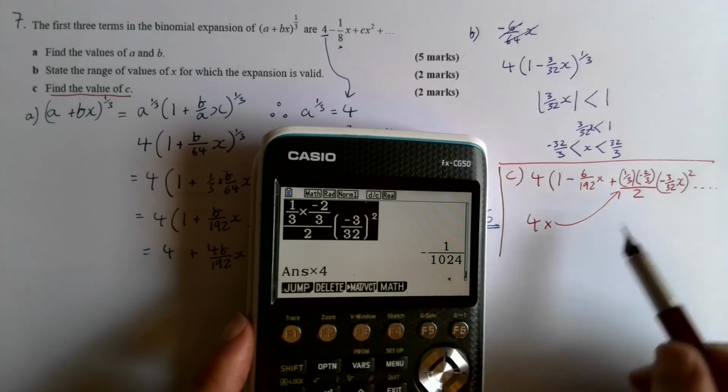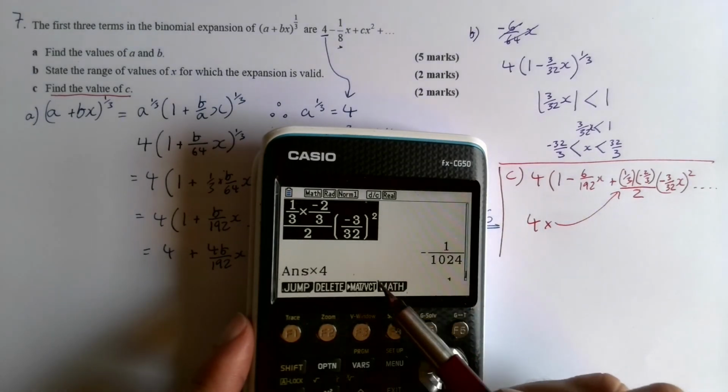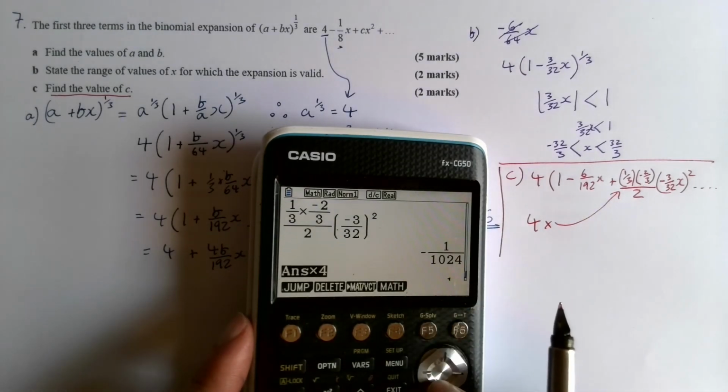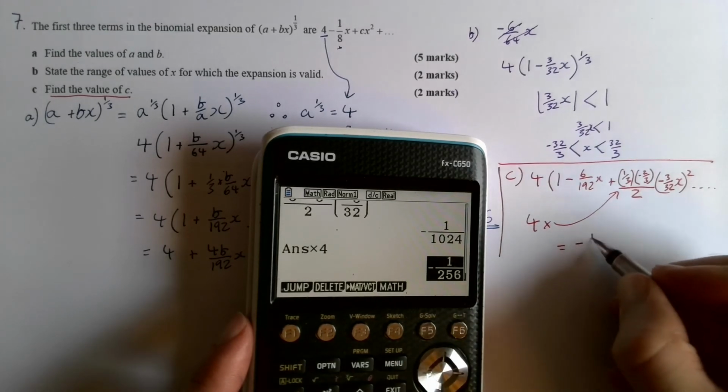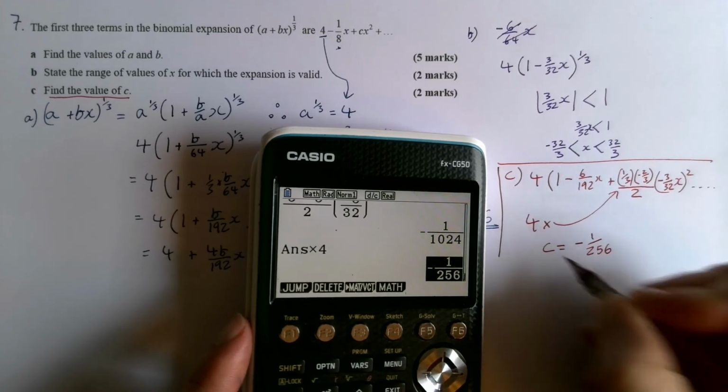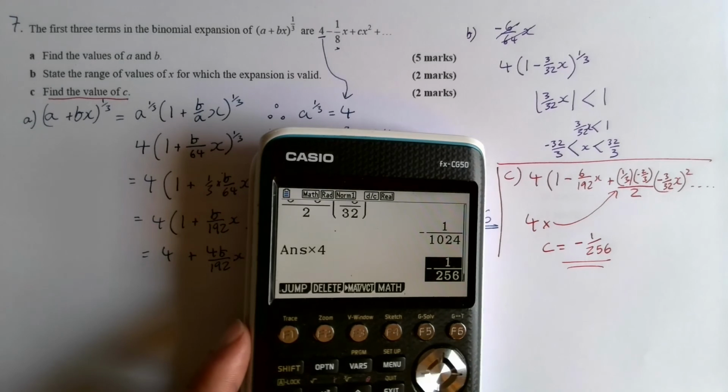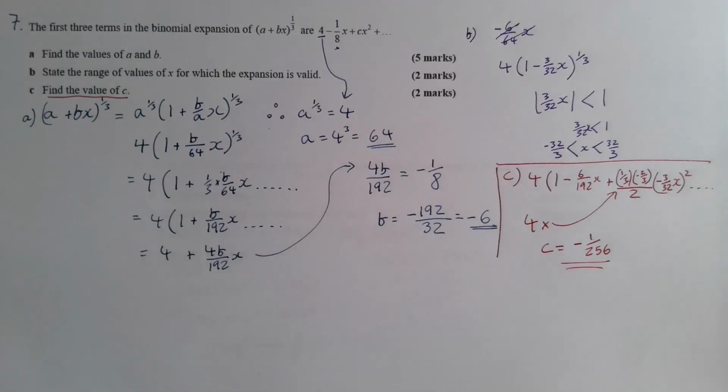Actually, I just did this part and then I times that by 4, which should give you -1/256 for your value of C. Quite a nasty one there, but question 6 was quite nice.